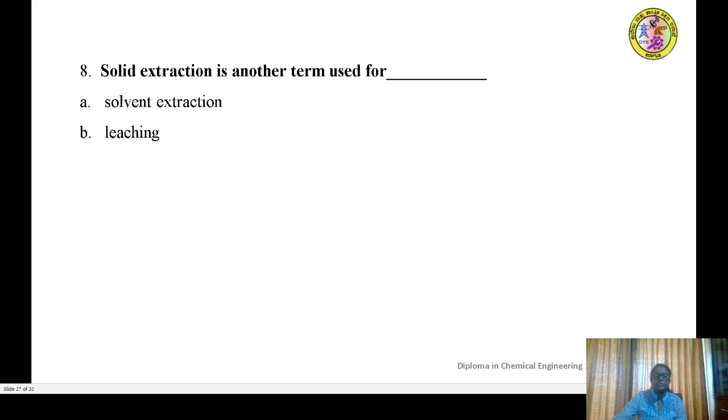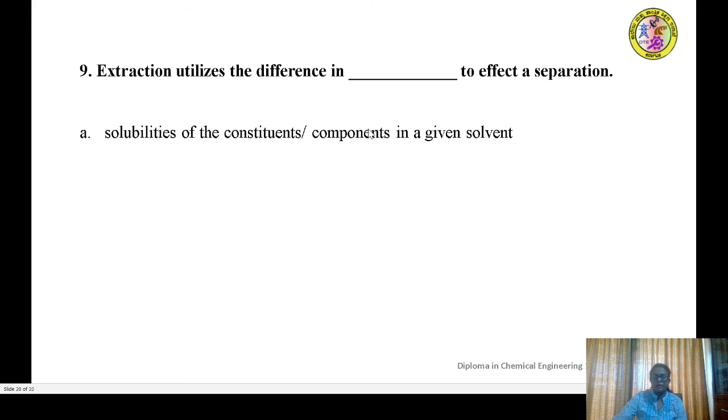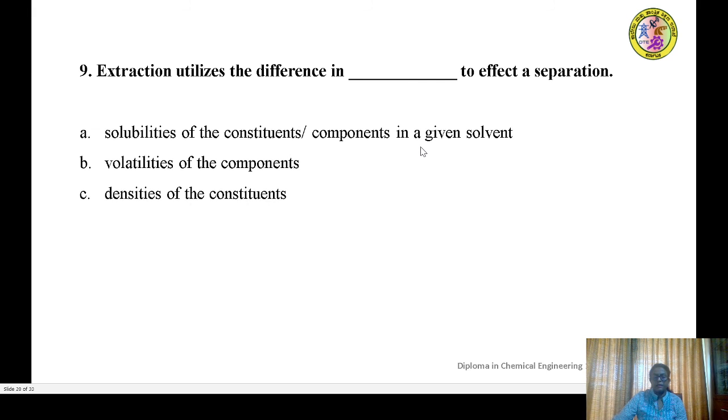Very sorry, this question has been repeated. Extraction utilizes the difference in dash to effect a separation. Solubilities of the constituents in a given solvent, volatilities of the components, densities of the constituents, none of these. So which physicochemical property is being used in the operation to effect a separation?